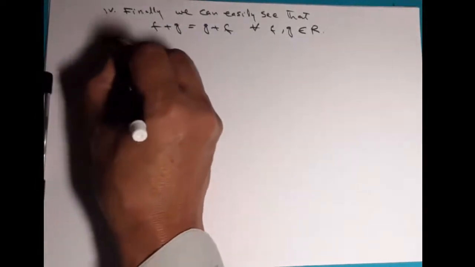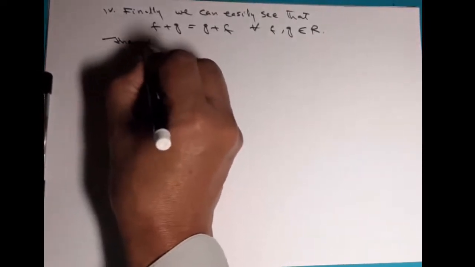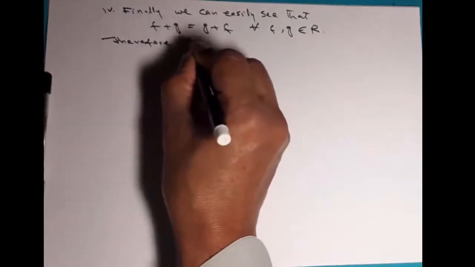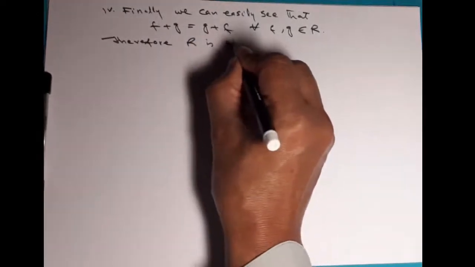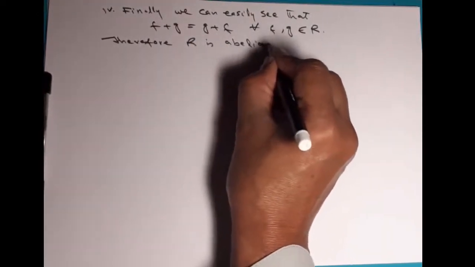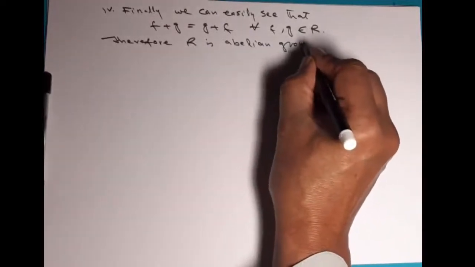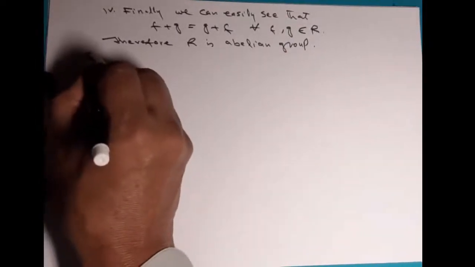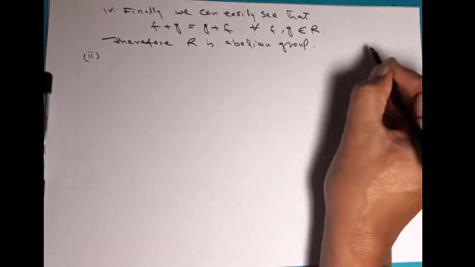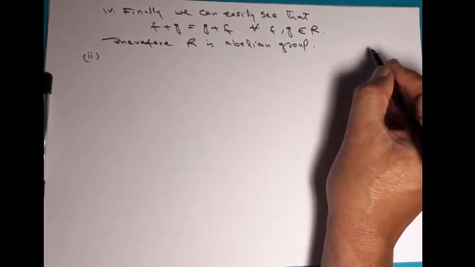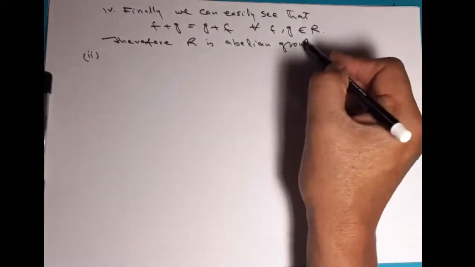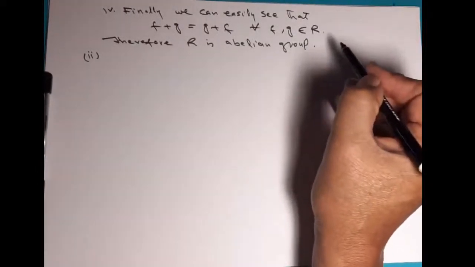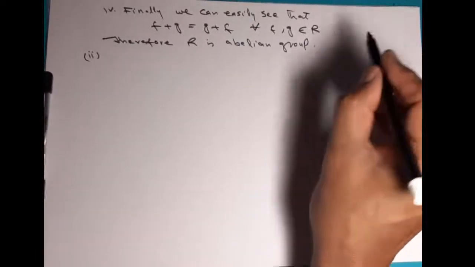So F plus G is equal to G plus F, therefore R is an abelian group. So we have proved that R, the set of endomorphisms of an abelian group G, is an abelian group.